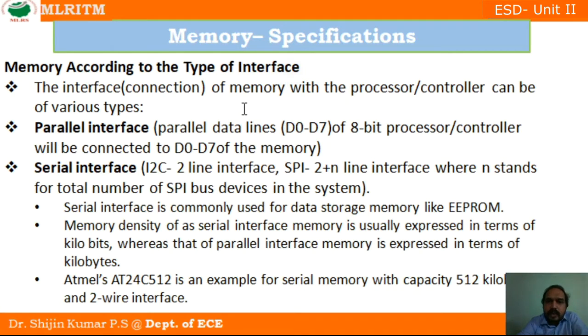Obviously the speed will be reduced in serial interface or serial memory. If you connect a memory to a processor through a serial interface, the speed of communication is always slow. If you use a parallel interface, then the speed is very high.